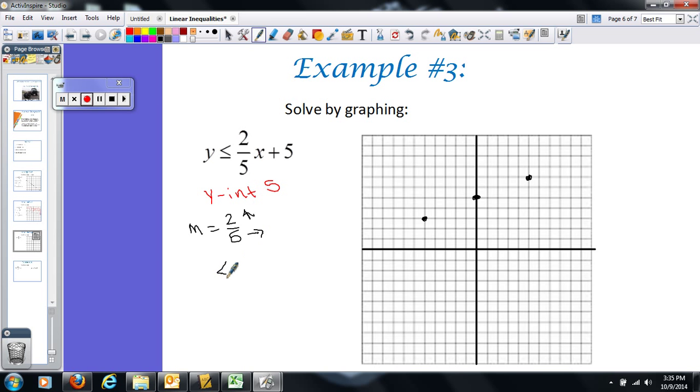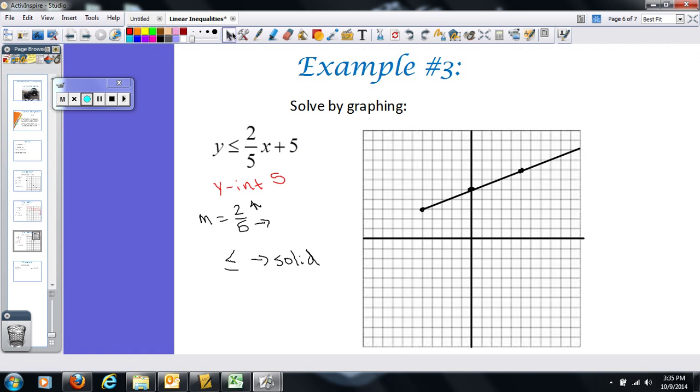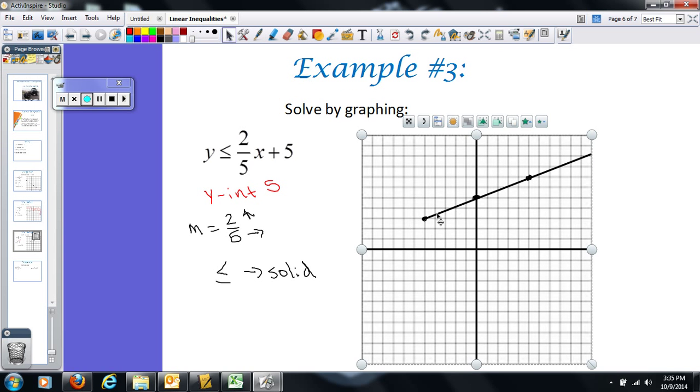I have greater than or equal to, so this means it's going to be a solid line. So this time I am going to have a solid line. So we got this here.